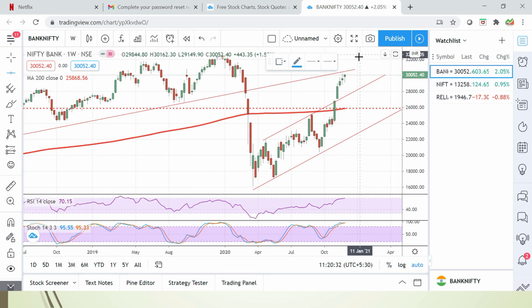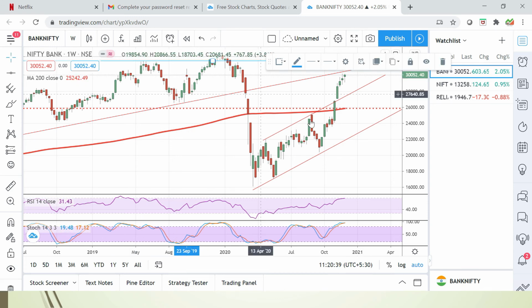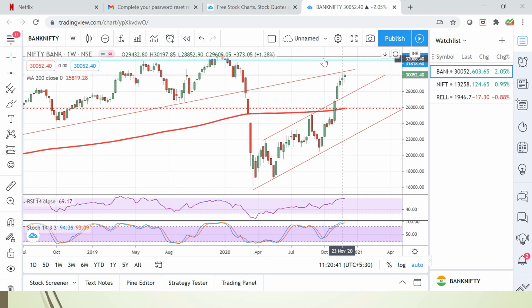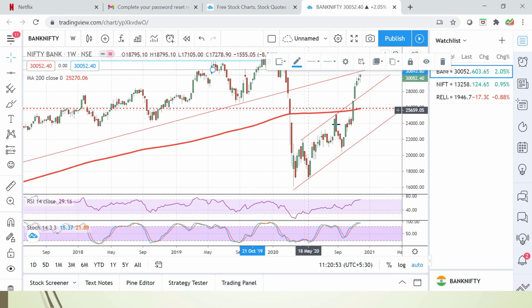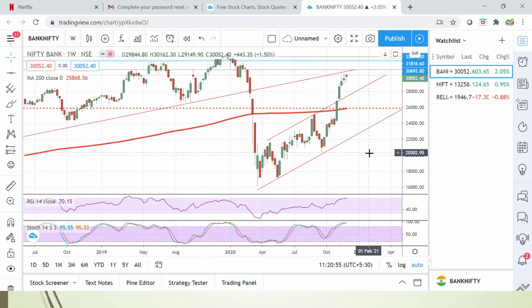Okay, this top level and this level as well. This top zone is going to act as resistance, as well as this previous trend line where Bank Nifty is now reaching. So you can expect a lot of resistance for Bank Nifty in the current area. So many horizontal lines you can draw.